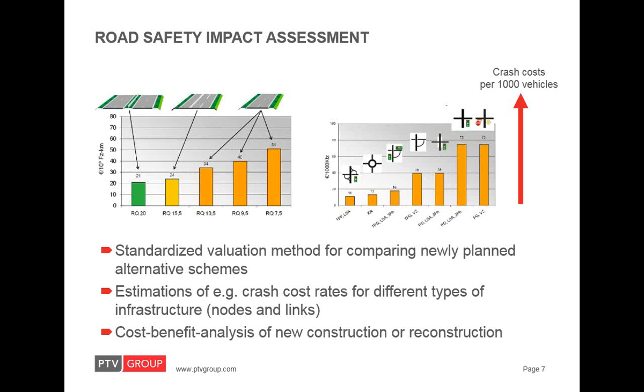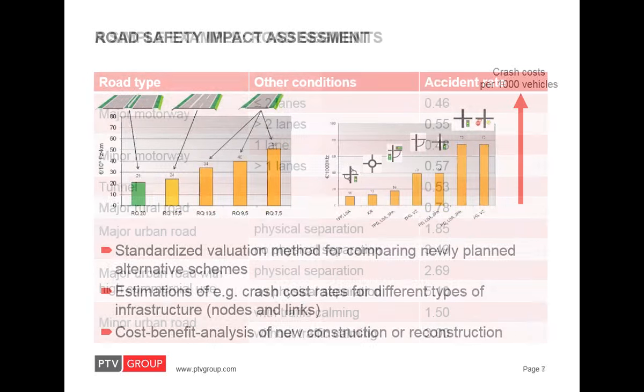So let's stay with such a simple example. You can use Visum Safety to make much more complicated examples where you don't really have constant crash costs per vehicle, but much more complicated functions. But we start with a simple example.